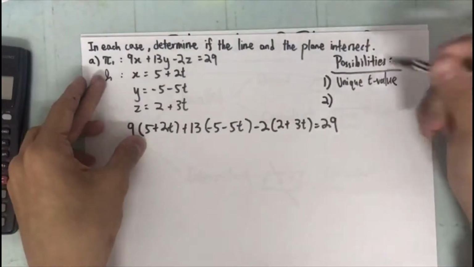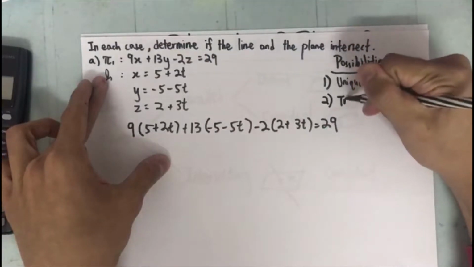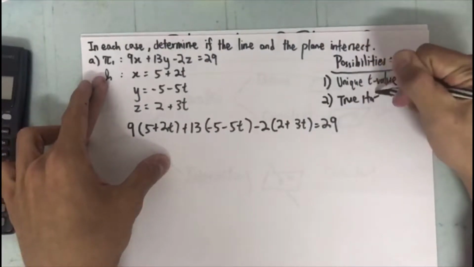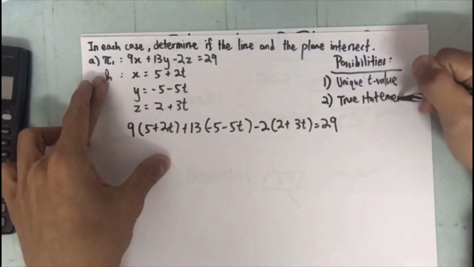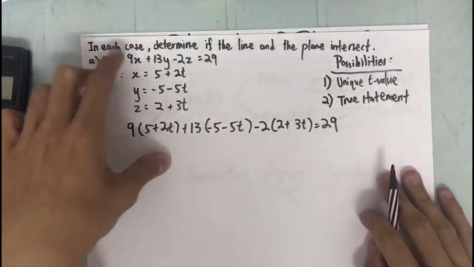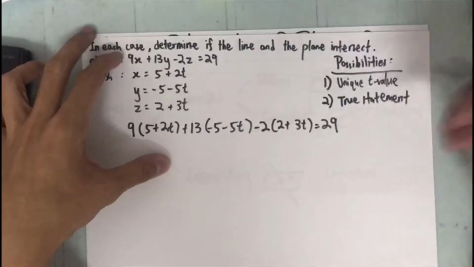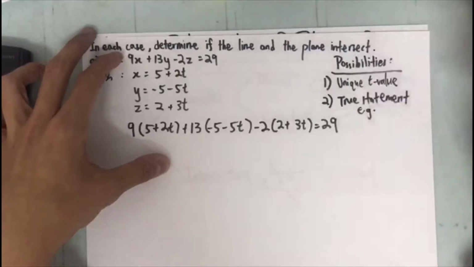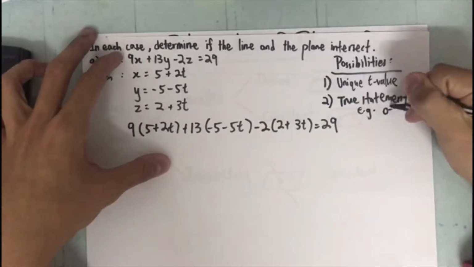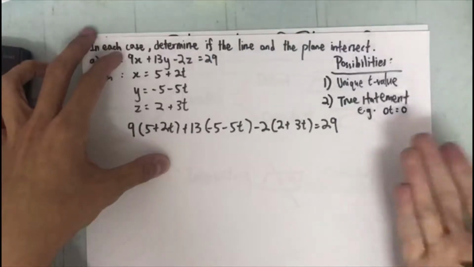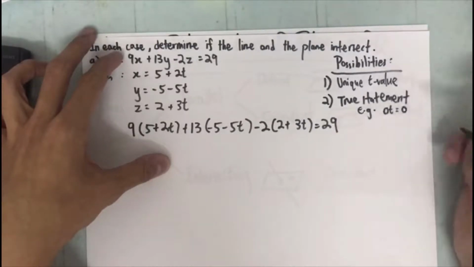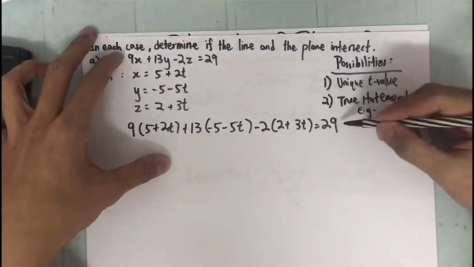Second possibility, you will get a true statement. However, this true statement does not give you a unique t value, but it is a true statement. For example, 0t equals 0. This is a true statement. However, there is no unique t value.